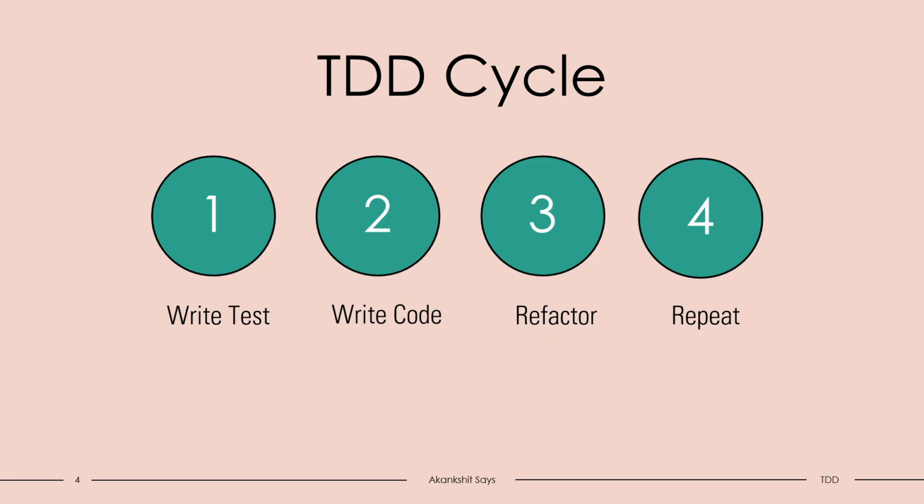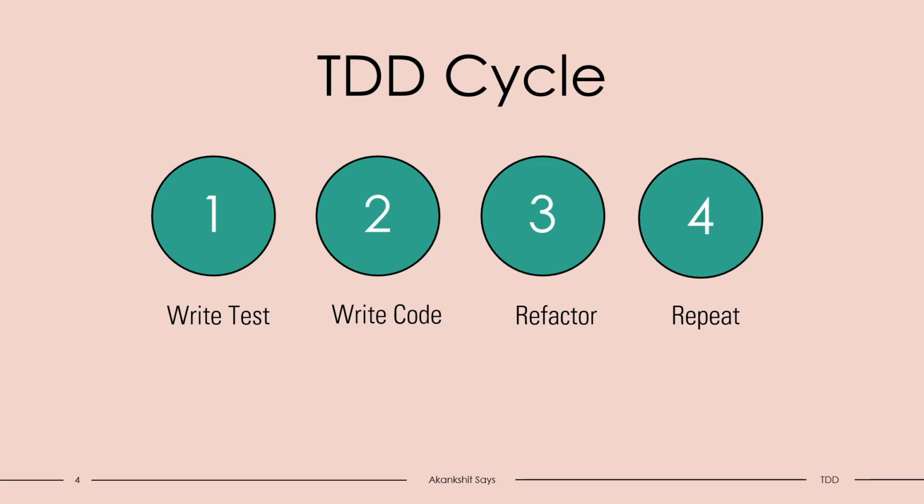Remember what we discussed about the TDD cycle? We did the same thing. We wrote some tests for adding two numbers A and B. Then we went and wrote the logic for it. We tested and our code worked.